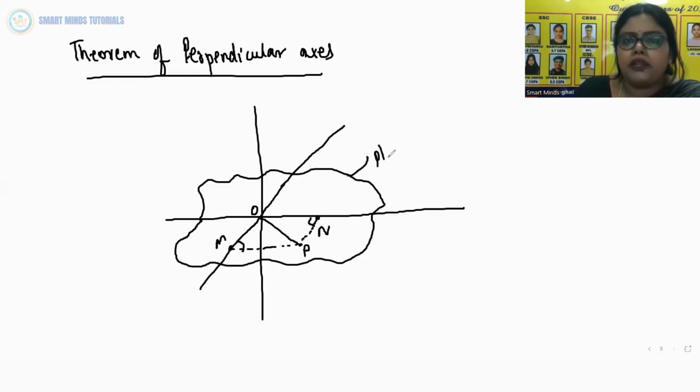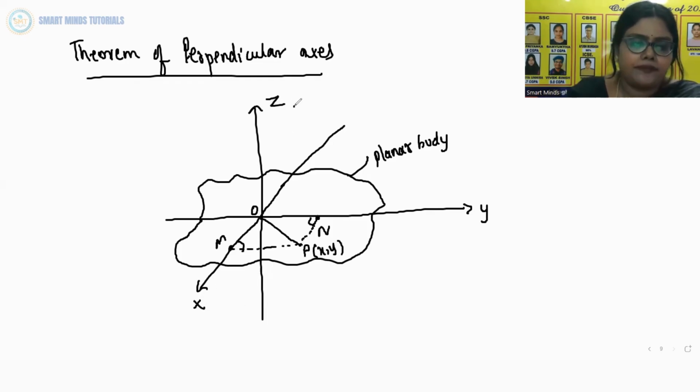Now this is a planar body. This is the y-axis, this point is x comma y, this is the x-axis and this is the z-axis. You can see this figure illustrates the theorem.